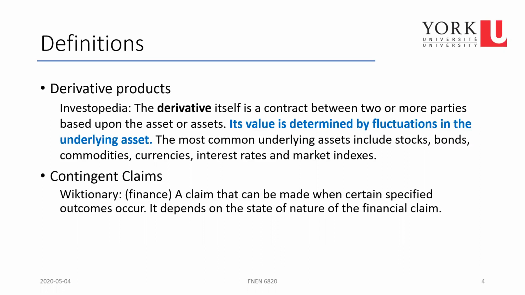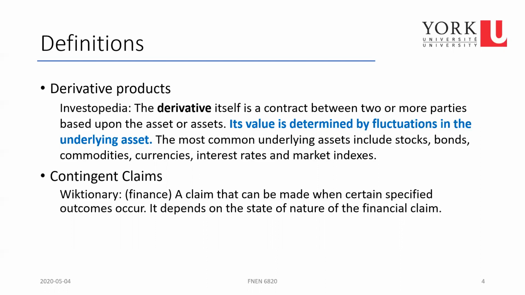However, you can actually expand this notion a little further. You don't really have to have an underlying stock. In general, it's the state of the world. So for example, if you have a weather derivative, you can say the price of the weather derivative depends on the temperature.